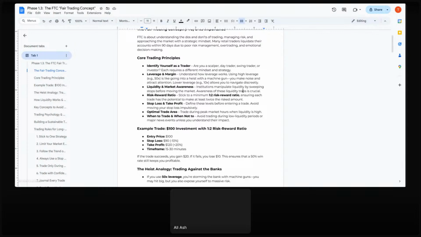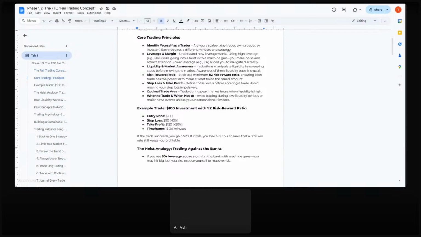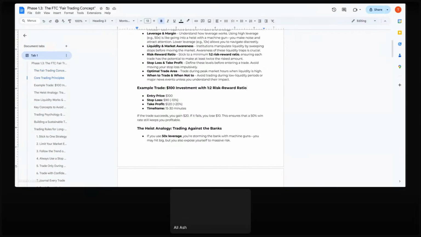If you're thinking that with higher leverage, on the order block, on the support, and aware of the market, you can place a high risk trade, still I would not recommend doing that. I have done this in the past and I've seen the worst of it. For example, if you are investing $100 with a 1:2 risk and reward, your entry price would be $100.